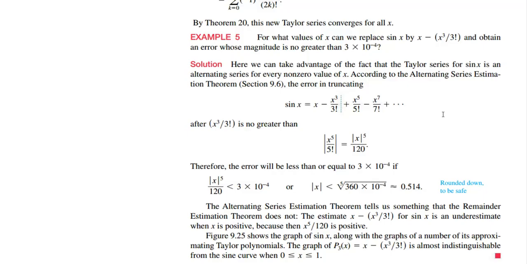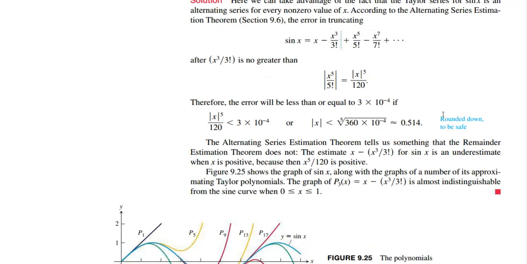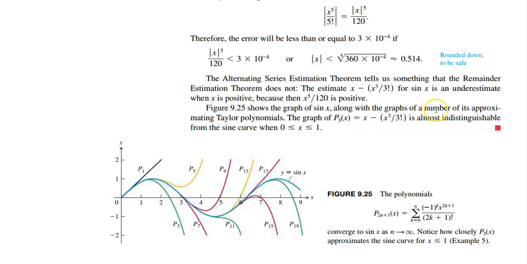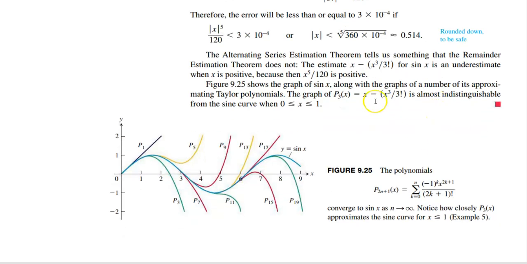The alternating series estimation theorem tells us something that the remainder estimation theorem does not. The estimate x minus x cubed over 3 factorial for sine of x is an underestimate when x is positive, because then x to the fifth over 120 is positive. So the figure below shows the graph of sine of x, along with the graphs of a number of its approximating Taylor polynomials.